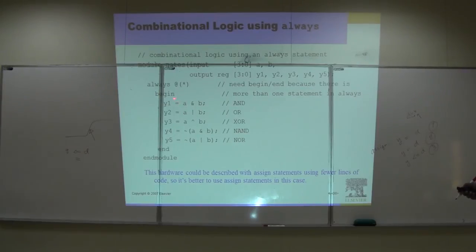How many assignments do we have here? 1, 2, 3, 4, 5. We have 5 assignments. Now, if you write assignments in this way, using only an equal, this means the first line, y1, will get this value.